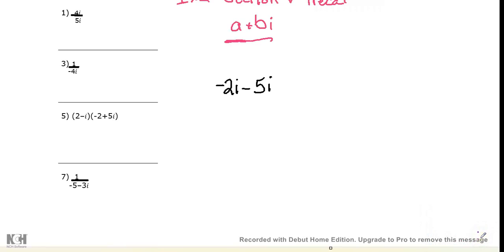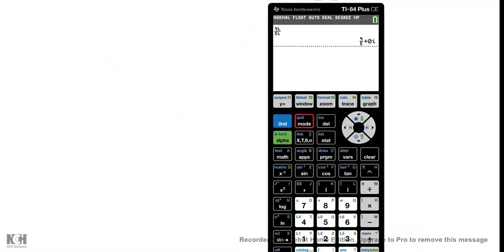Our next one is this one right here: 1 divided by negative 4i. Back over here, bring up our fraction box, alpha y, that one, and it's 1 in the numerator, then down. Now here's the tricky part. It's a negative 4.